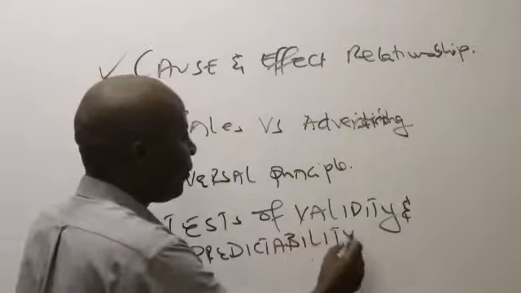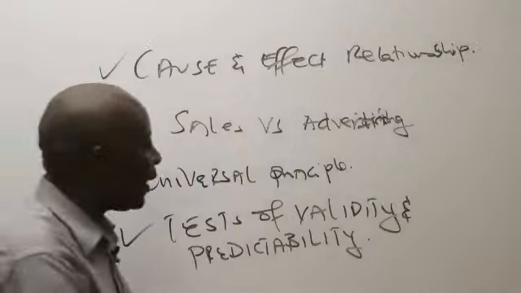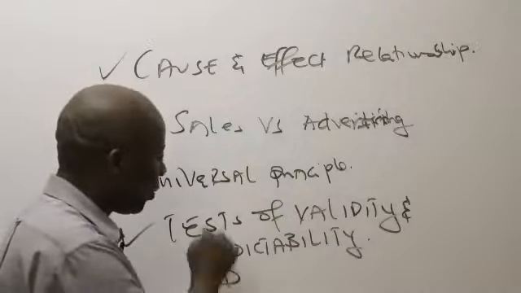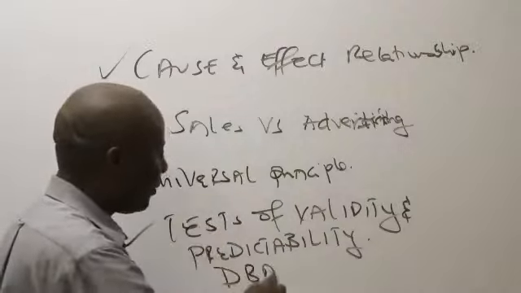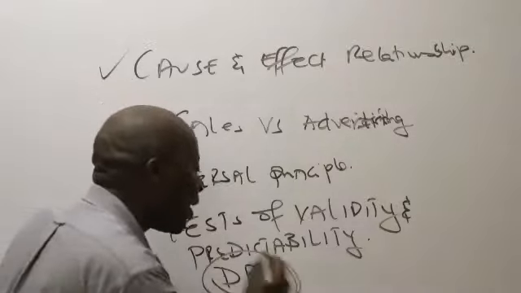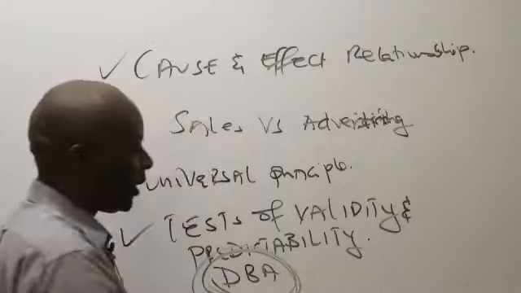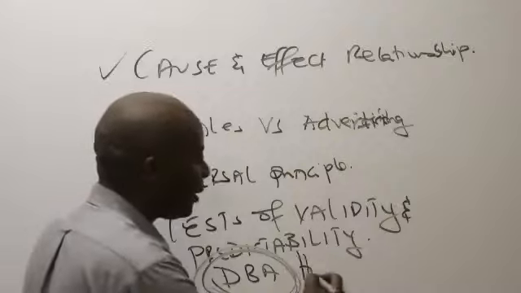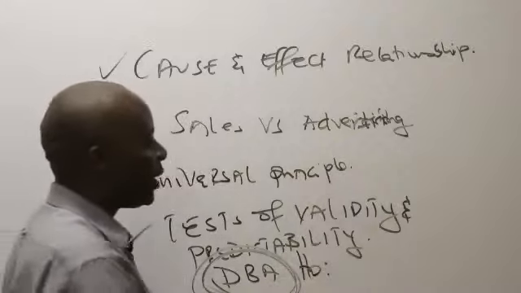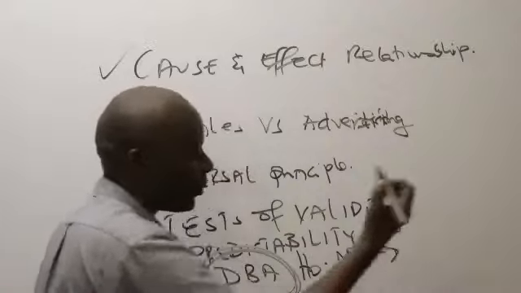Predictability. For those of you who have done your MBAs and PhDs, of course, you know, at the end of the day, if, for example, you are doing a doctorate in business administration or management, you're going to come up with a concept paper. You're going to come up with, for example, a hypothesis, say the null hypothesis: the more I motivate my workers, the more the productivity.